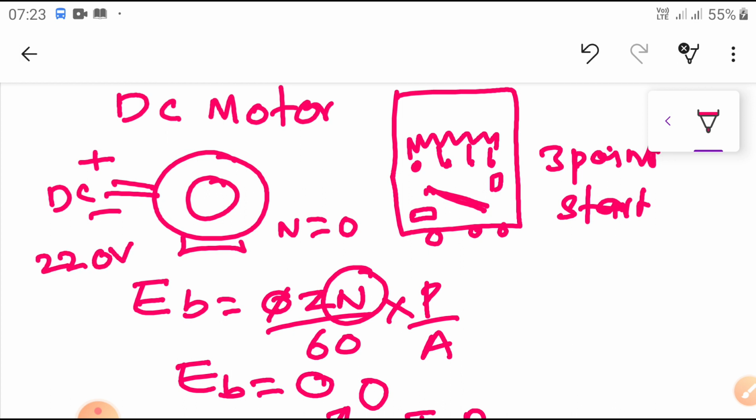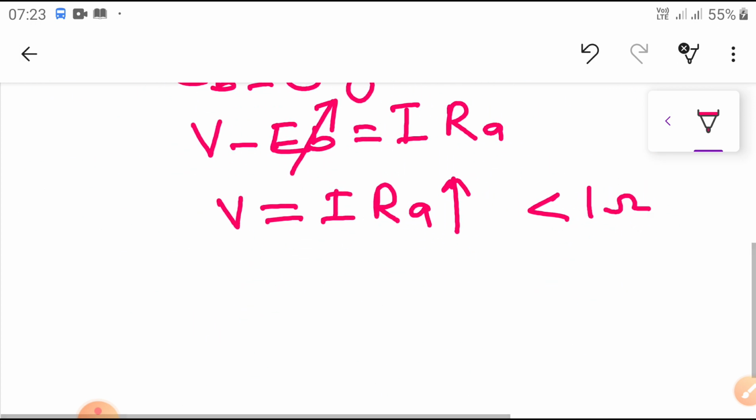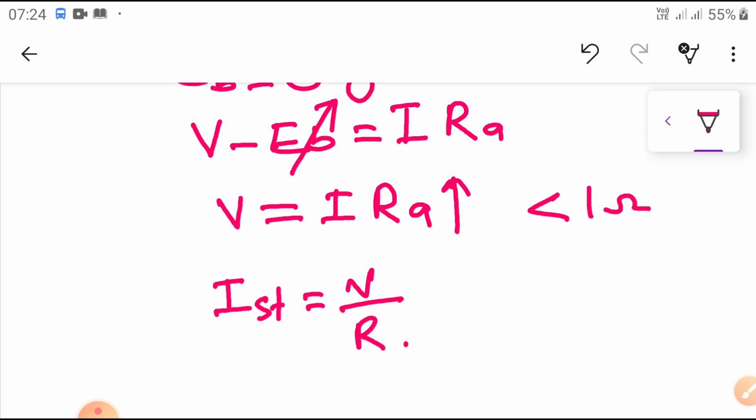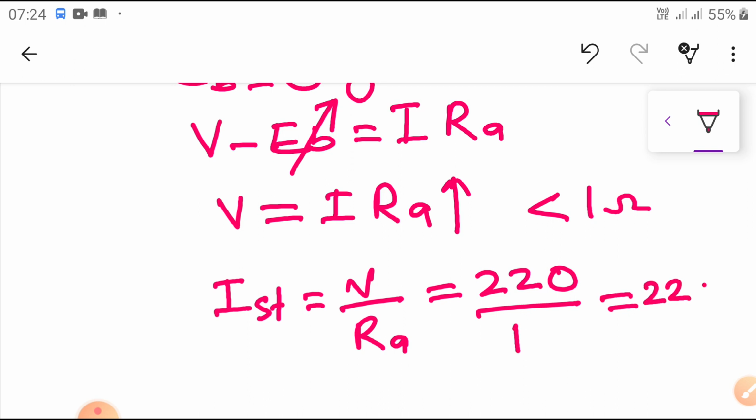At that condition V is equal to 220. Then what is the starting current? Starting current I is equal to V by Ra, which is 220 volts by Ra of 1 ohm, taking a maximum of 1 ohm. Then the current is 220 amperes.